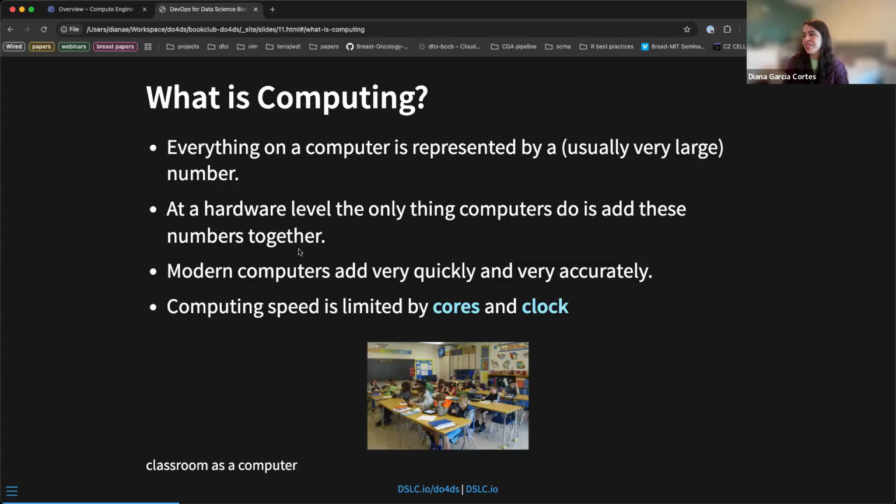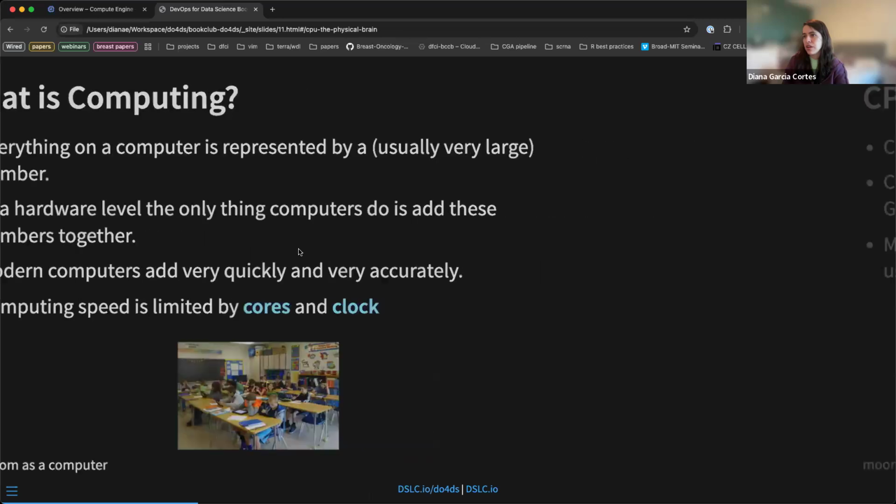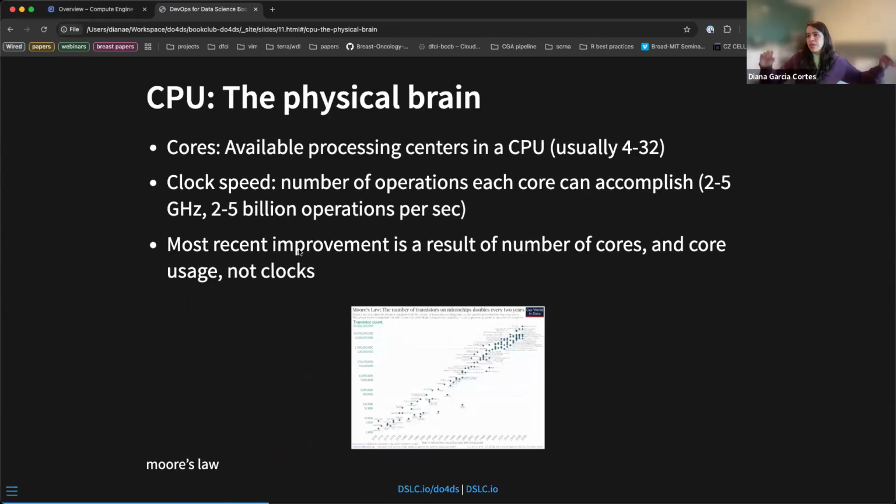Okay, so modern computers add very quickly and very accurately, and the speed is limited by the number of cores that a computer has and its clock. The CPU is kind of like the main brain of our computer.